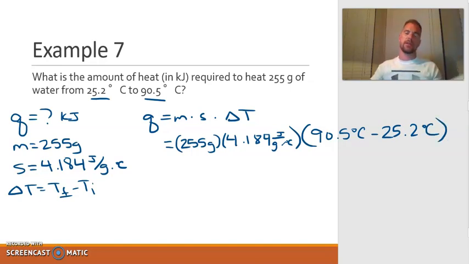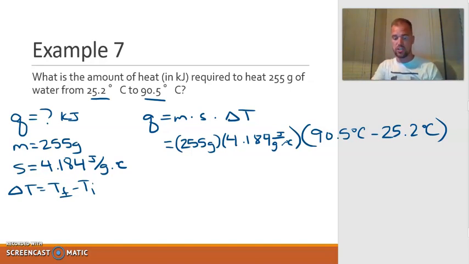Now let's go ahead and calculate. Take a look at the math. You have two mathematical operations going on here. You're ultimately going to multiply everything, but you've got some subtraction first that you need to take care of. So we've got two sets of sig fig rules to watch out for.